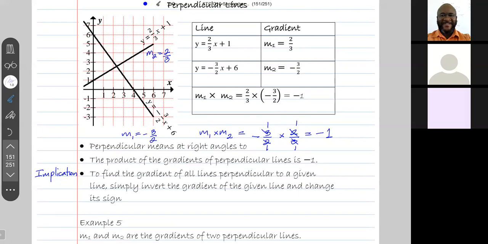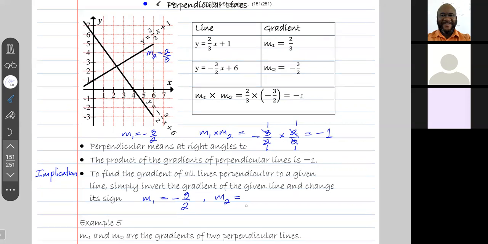In other words, the gradient of the first line M1 is -3/2. Now, if the second line is perpendicular to the first, to get its gradient, I must invert the gradient of the first and change its sign.